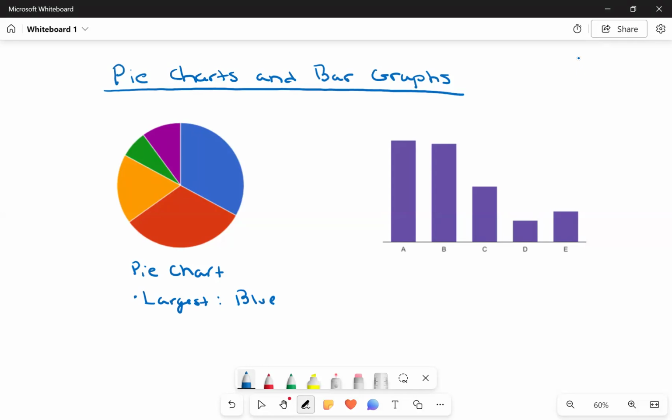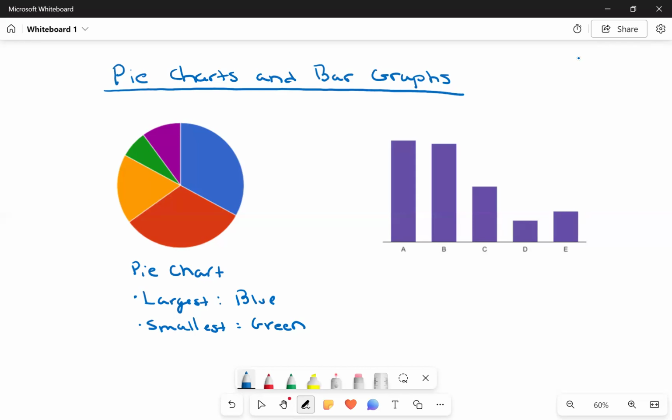And then the smallest appears to be green, in my opinion. I think that looks a little bit smaller than purple. And I think it's a little bit more noticeable than the two bigger ones. So that's what we look at when we look at the pie chart.